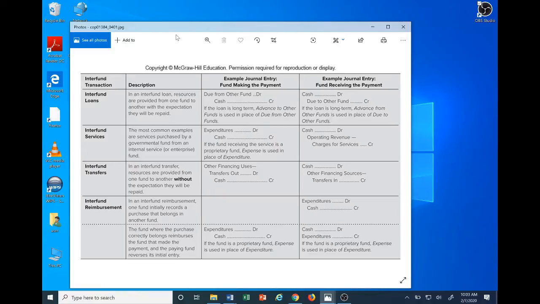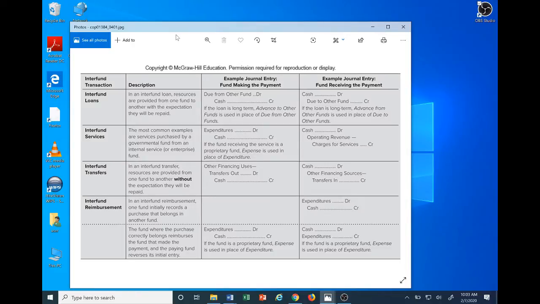If the fund receiving the service is a proprietary fund, expense is used in place of expenditure, because we know the governmental funds operate on modified accrual, so they recognize expenditures, whereas proprietary funds operate on full accrual and recognize expenses. The fund receiving the payment for the service is going to debit cash and then credit operating revenue, charges for service. Pretty simple, just like in the for-profit sector.